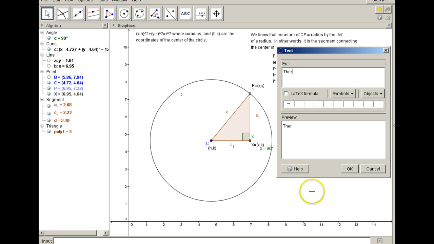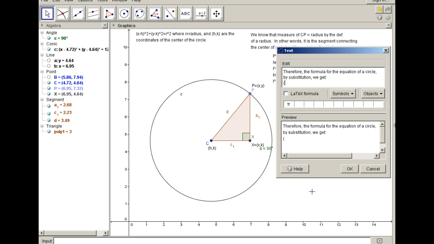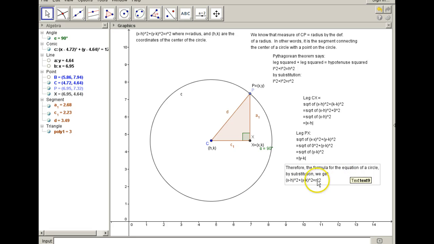Therefore, the formula for the equation of a circle by substitution is: x minus h as the first leg, squared, plus y minus k as the second leg, squared, is equal to the radius squared. Okay? So there we have it.